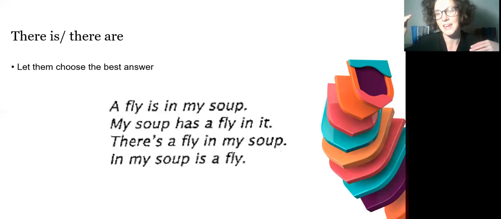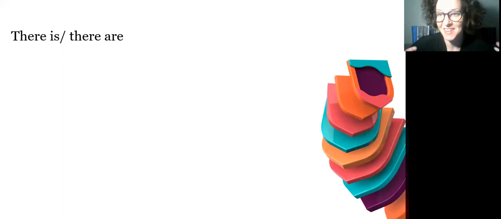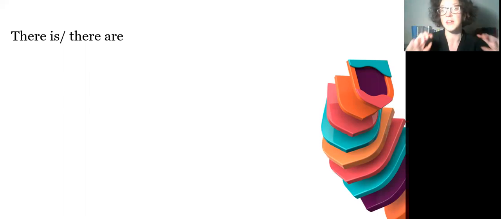This is not how they think, of course, but something is somewhere. They already have this concept. Something is somewhere. And since they built this little concept in their head, subconsciously, of course, there is a possibility that they will put this structure, there are, on this concept, and it will be easier.